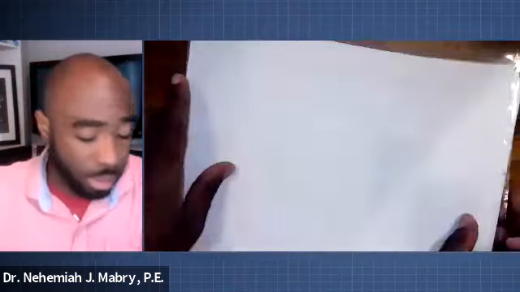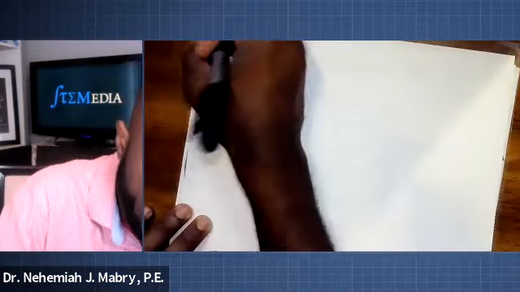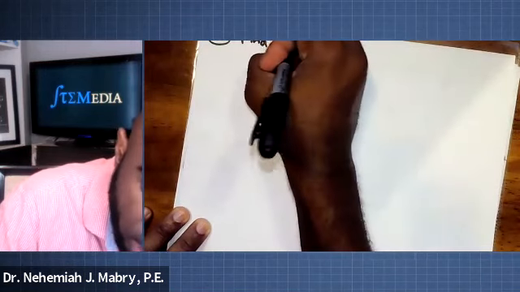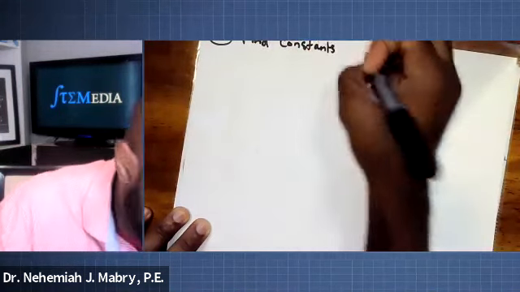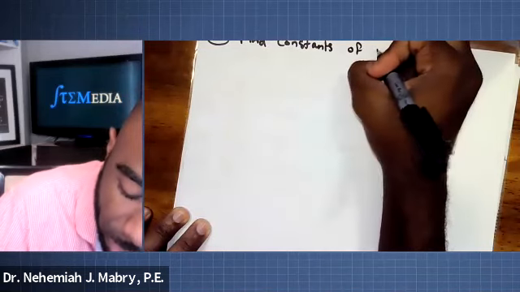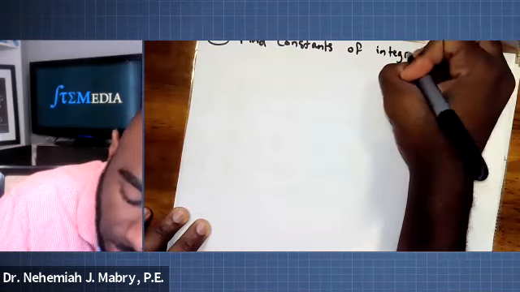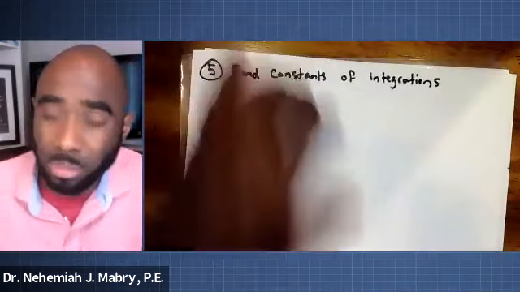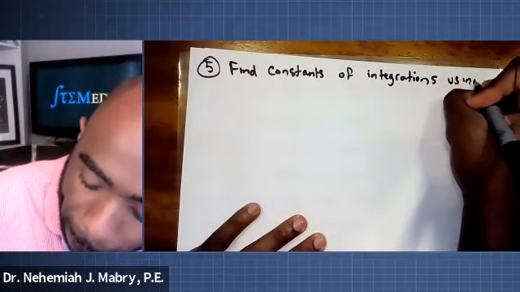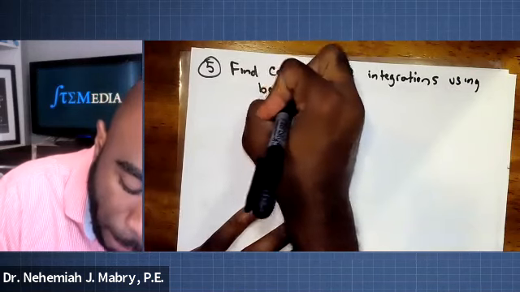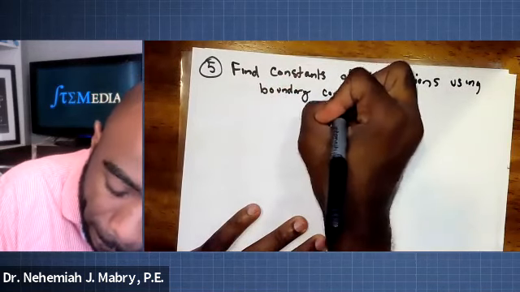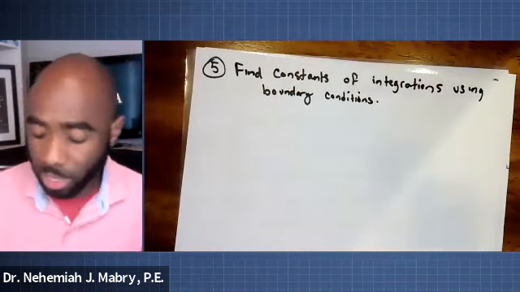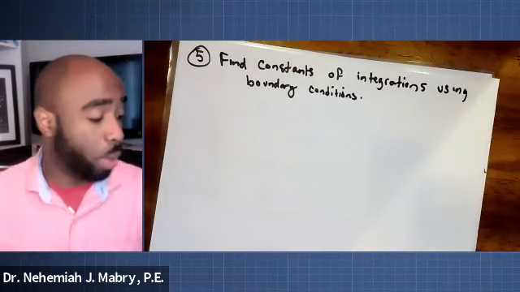Step number 5 is that you're going to find the constants of your function, the constants of your integration and the functions you're working with, using boundary conditions. Now I'm going to stay here on this sheet of paper and I'm going to explain to you what I mean by boundary conditions.